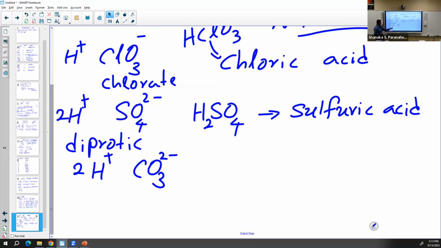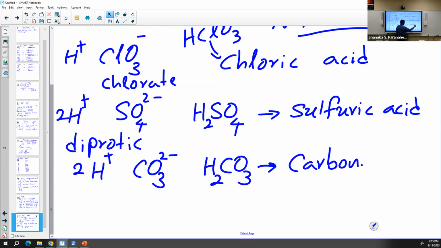So the acid is going to be H2CO3, carbonic acid. Polyatomic ions ending with ate simply transform into ic acid. So carbonate, carbonic; sulfate, sulfuric; chlorate, chloric; nitrate, nitric.